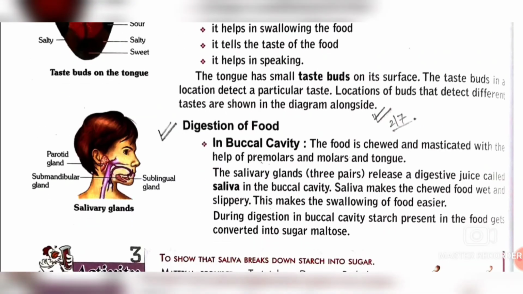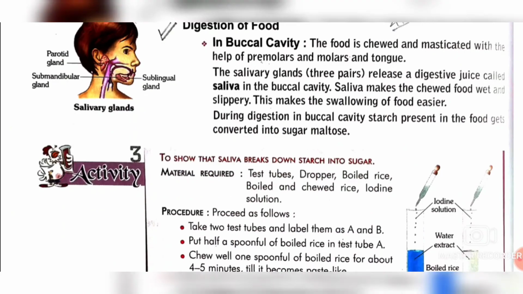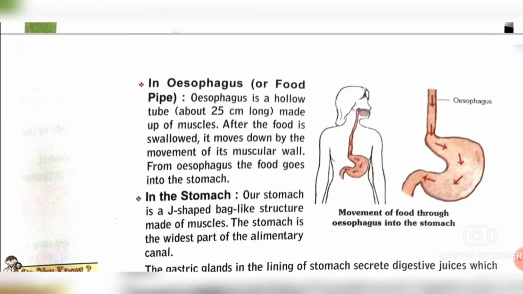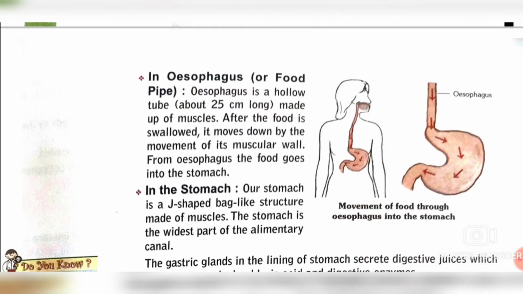Also there are some salivary glands that secrete saliva in the buccal cavity, and they make the chewed food wet and slippery. Then we have learnt about the process of digestion in buccal cavity, and then the process of transferring food through the esophagus to the stomach.